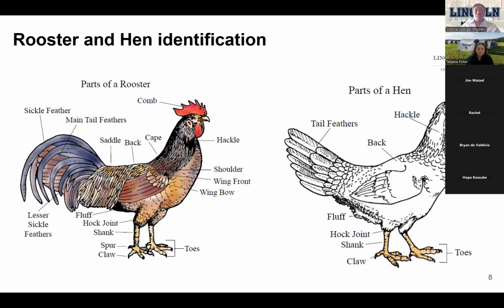Another key feature there is the feathers. So for the male, you have the hackle feathers and the cape feathers having pointed ends. But for the females, these are typically rounded ends. More so for the males, you would have these sickle feathers.